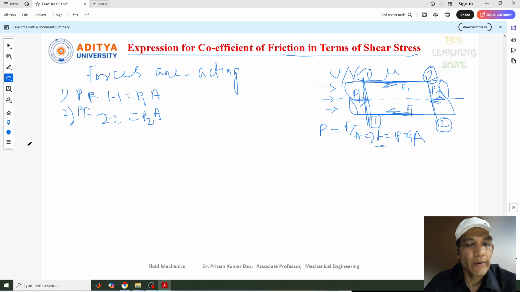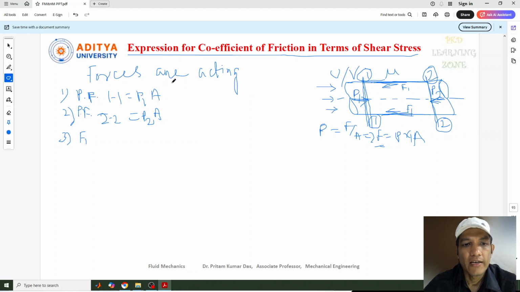The third one is the frictional force, F1. We already discussed these in the previous lecture, but this derivation also requires them, that's why I'm reminding you.